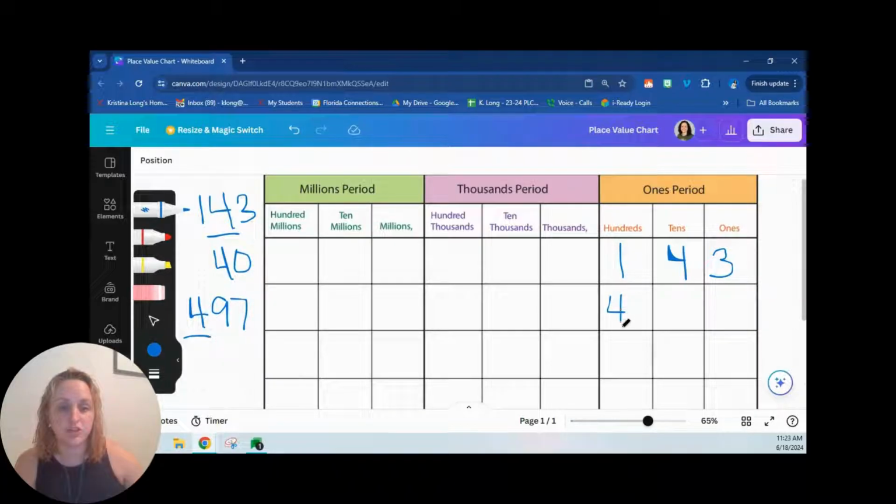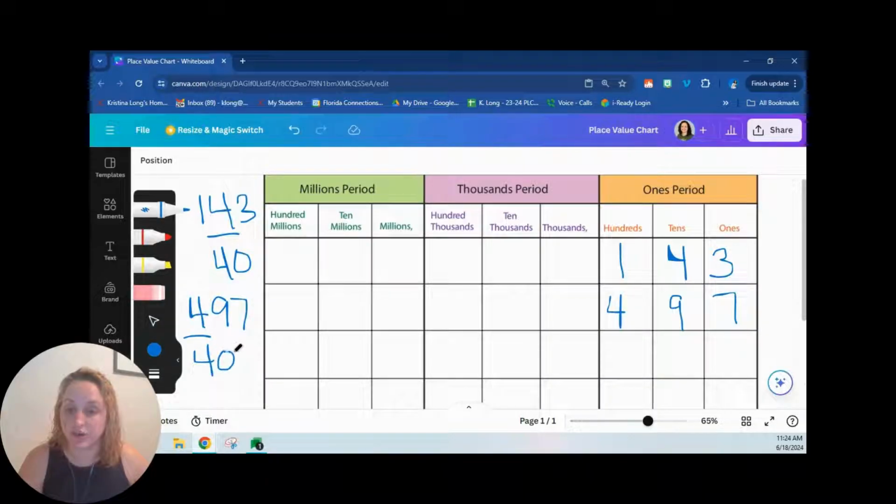We have 497. Is the 4 in the same place? You're probably saying, no, Mrs. Long, the 4 is not in the same place, and that's good because it's not. It's in the hundreds place. So in this case, this 4 is worth 400 or 400s, however you want to say it.